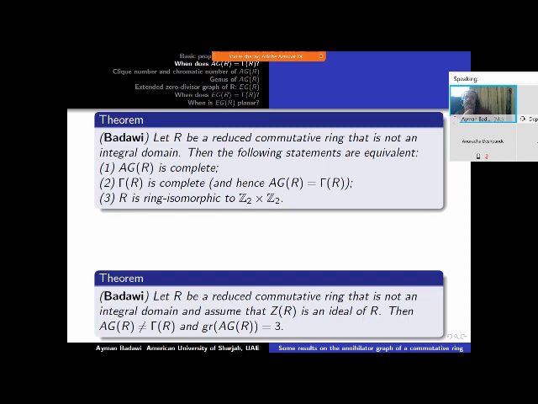The annihilatory graph is complete. The zero divisor graph is complete, and hence they are equal. R has to be ring isomorphic to Z2 cross Z2. That's it. So for a reduced ring, the annihilatory graph will be complete only if R is isomorphic to Z2 cross Z2.